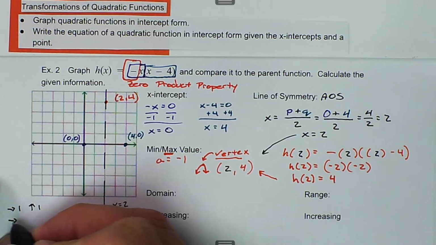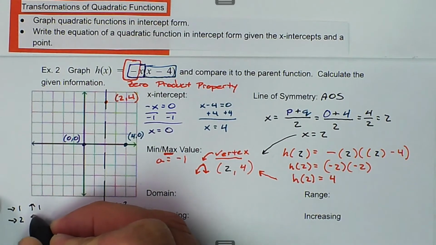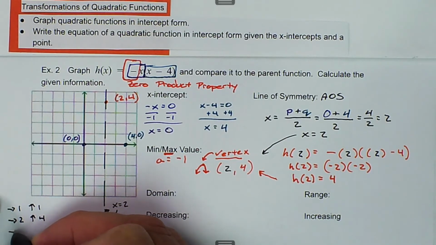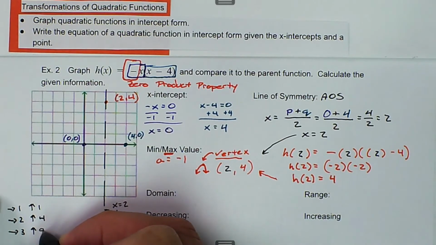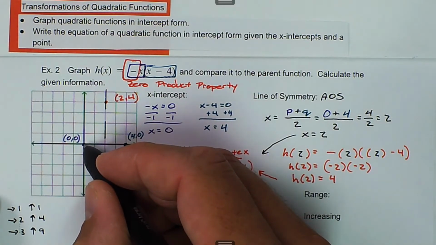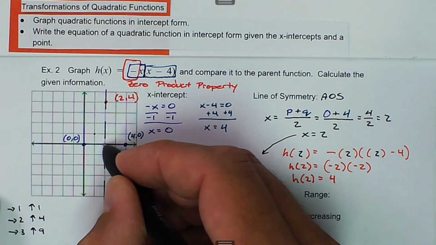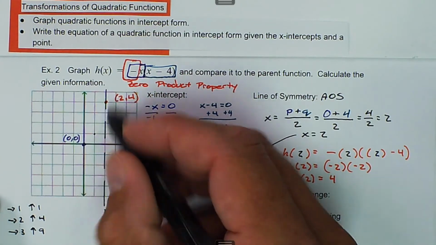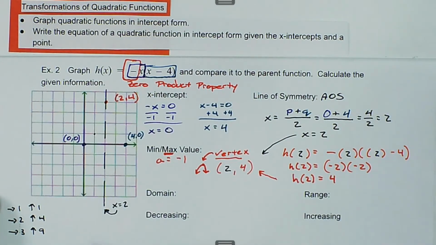If we go to the right 2, then we go up 4. And if we go to the right 3, then we go up 9. So basically we just square that, right? So 0, 0, then we go over 1, up 1, over 2, up 4, and that continues through.